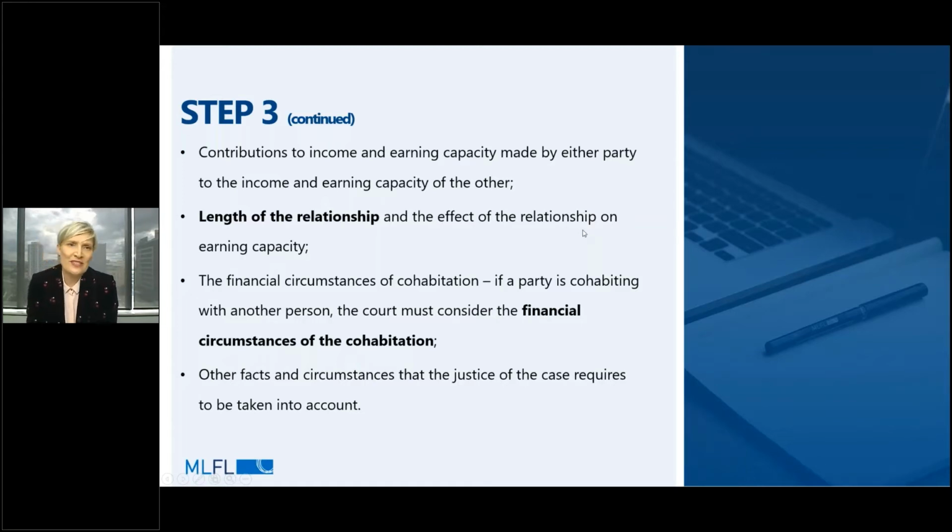So contributions to income and earning capacity made by either party to the income and earning capacity of the other, the length of the relationship and the effect of the relationship on earning capacity. Sometimes there's a slightly different approach taken to trust property depending upon when the trust was established. And so again, we'll deal with that in the case studies as well.